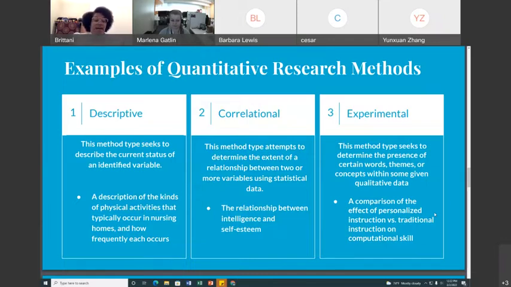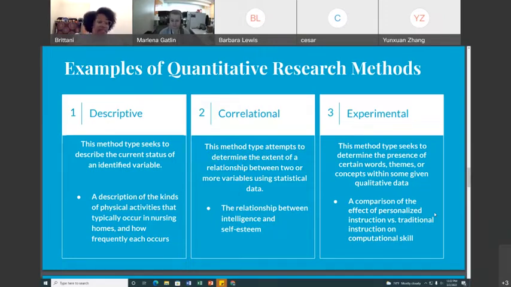They have static numerical representations, but they may not get at the why behind those things, which is where the qualitative data would come in. There's also the second example, which is correlational research. Correlational research attempts to determine the extent of a relationship between two or more variables using statistical data.